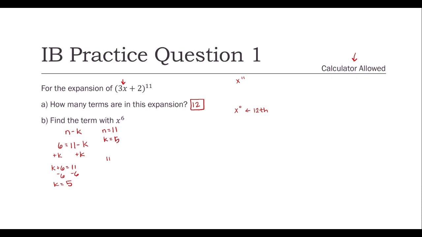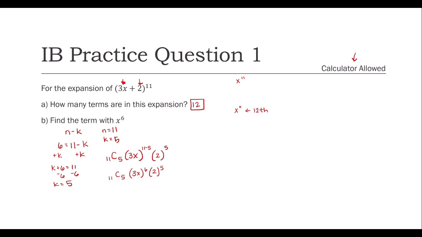So we have n choose k, and then our first term, 3x to the n minus k, so 11 minus 5, times our second term, 2, to the k, which is 5. So 11 choose 5 times 3x to the 6th, times 2 to the 5th.